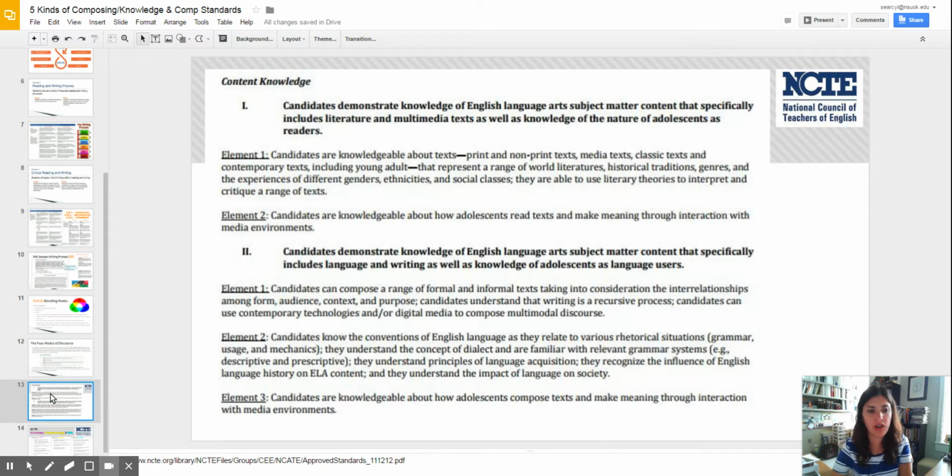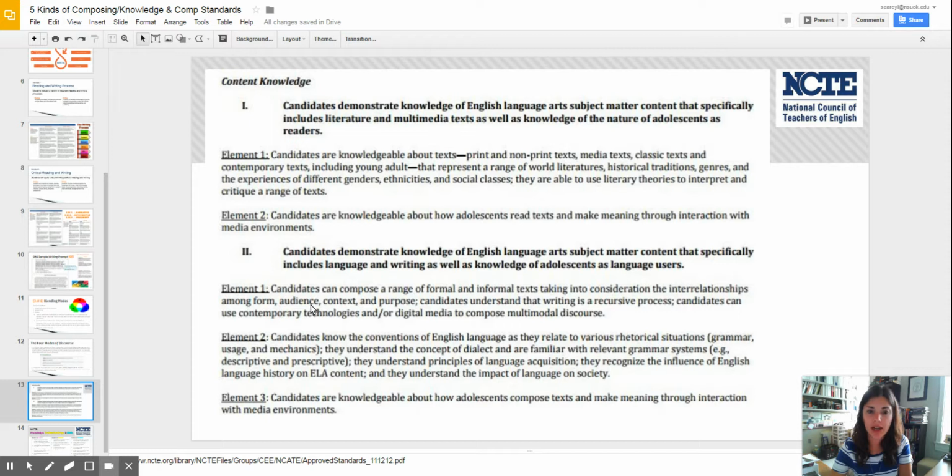So that is a little bit of information about the Oklahoma academic standards. We also follow the National Council for Teachers of English standards. The first 2 deal with content knowledge, and especially Standard 2, which deals with language and writing. As teacher candidates or as writers, we need to know our subject matter. We need to know how to compose a range of formal and informal text.